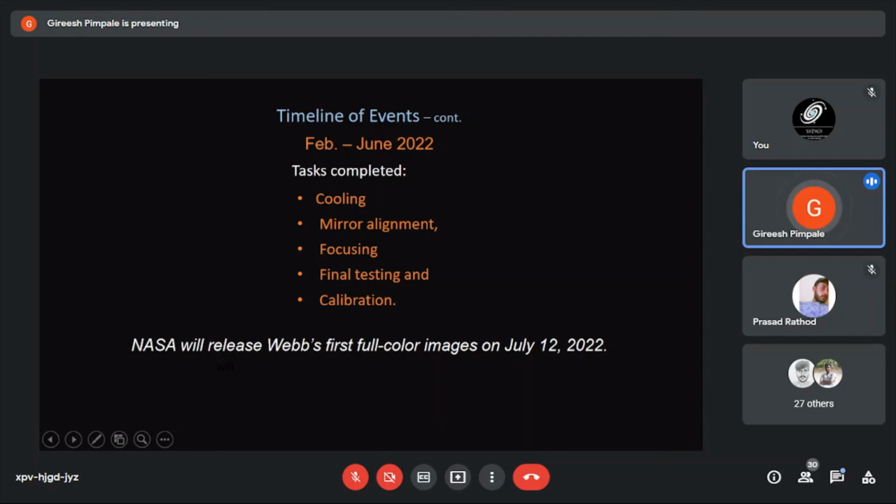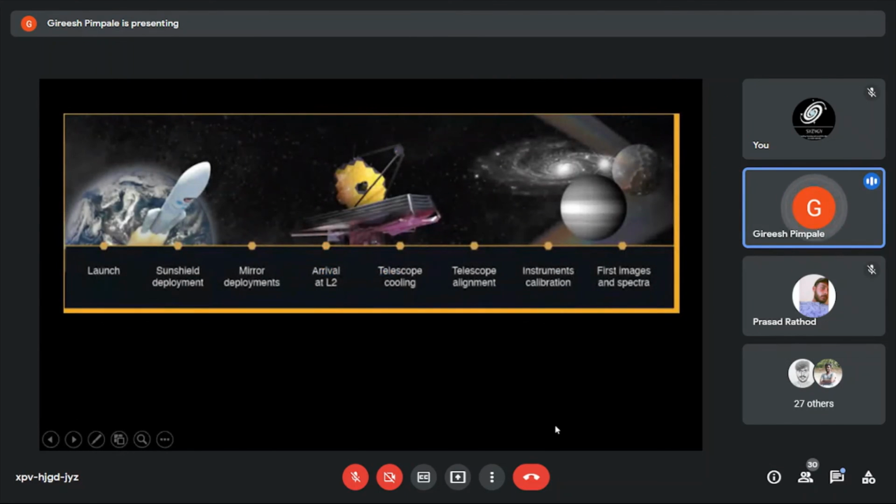So we are meeting through this web meeting at the right time, because the first image is just 9 days away from us. Just to summarize, here it was launched, then sun shield deployment, mirror deployment, arrival at L2 at the desired point, then telescope cooling, telescope alignment, instrument calibration, and now first images and spectra.